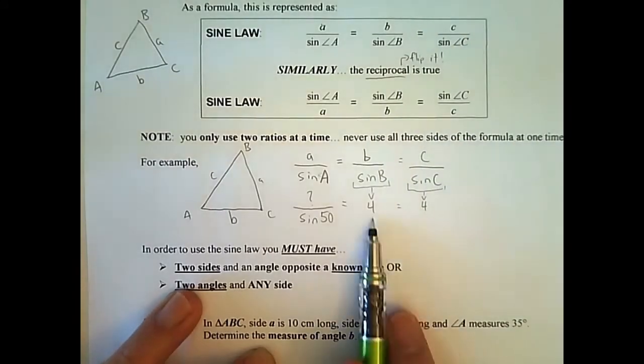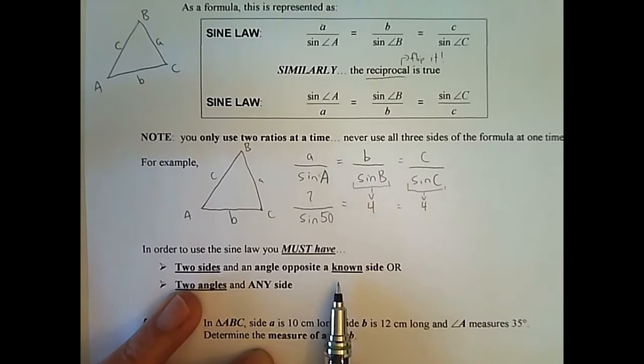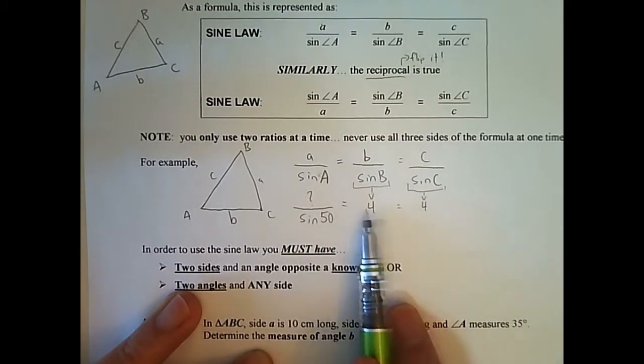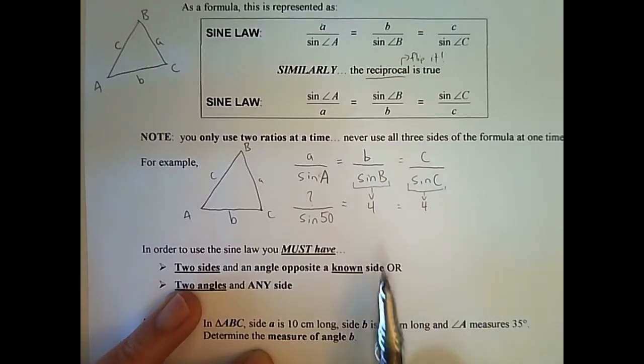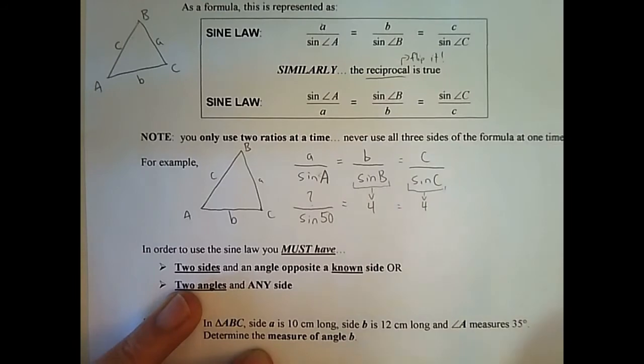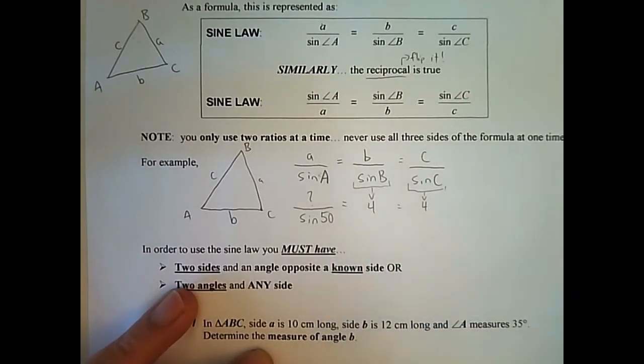So if both ratios equal the same thing, I don't need to use both of them to calculate this. In this case, I would just pick the one I don't know and one of these that I do know. Sometimes I'll only know one of them, sometimes I might know both of them, but in either case, I'm just going to choose one of the two, because again, they're going to equal the same thing anyway.